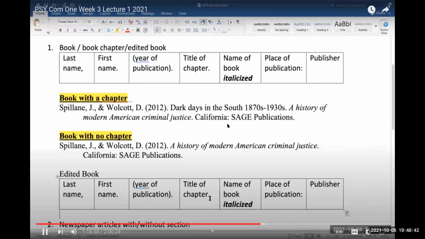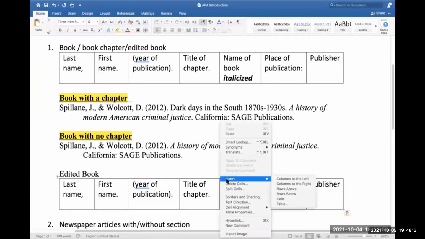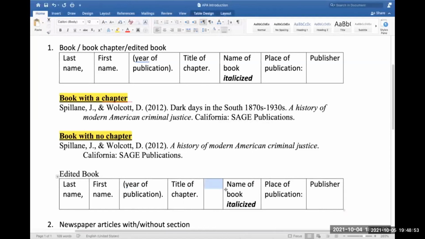Name of chapter or title of chapter. Then you put here, I need to insert to the left. You put the word in, name of edited book.